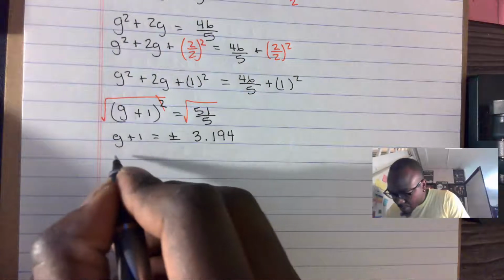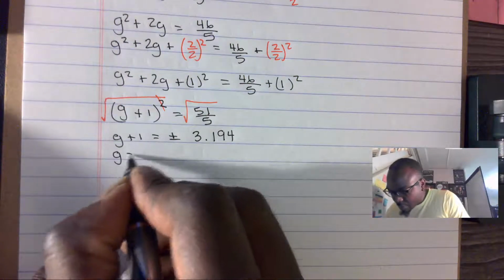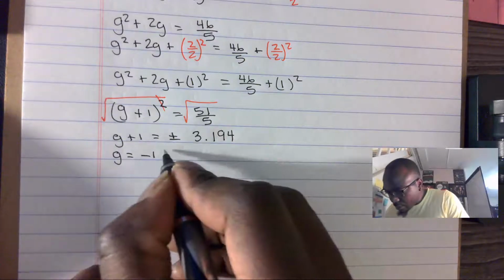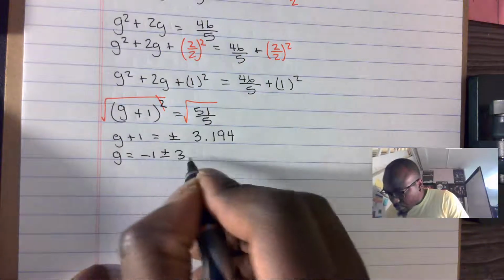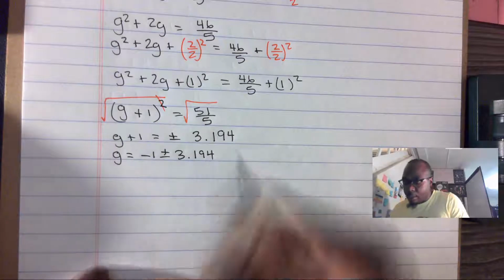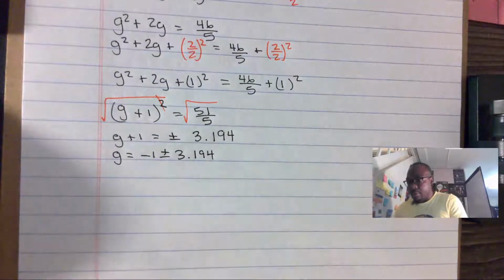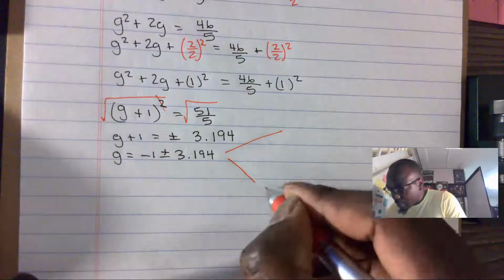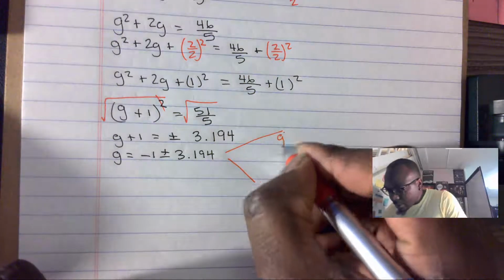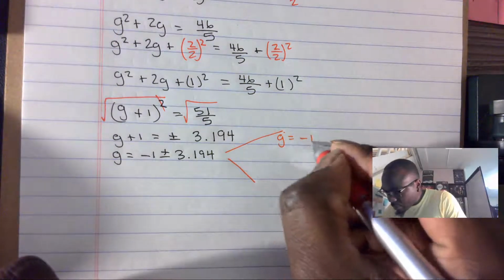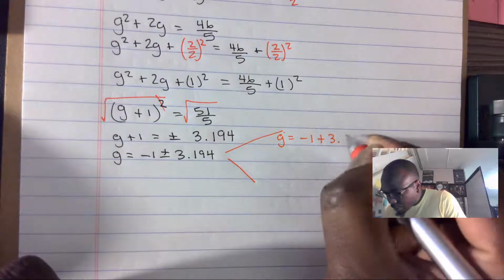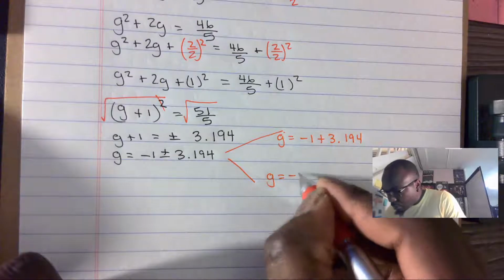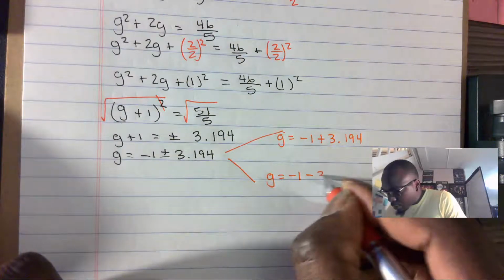But I need to get g by itself. So if I subtract 1 on both sides, g equals negative 1 plus or minus 3.194. I've got two options from this point: one add, one subtract. So g equals negative 1 plus 3.194, or g equals negative 1 minus 3.194.